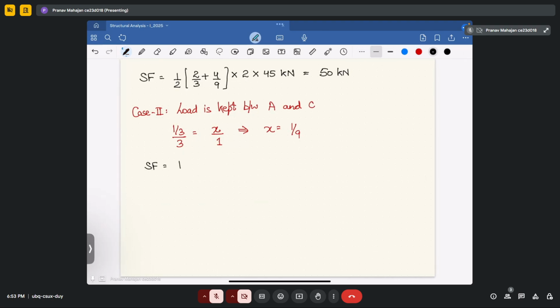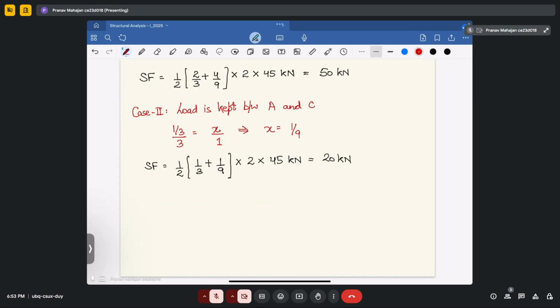We will find the area coming in this section, that is 1 by 3 plus 1 by 9, altitude is 2 and loading is 45 kilonewton. So in this case, you will get the value to be 20 kilonewton.